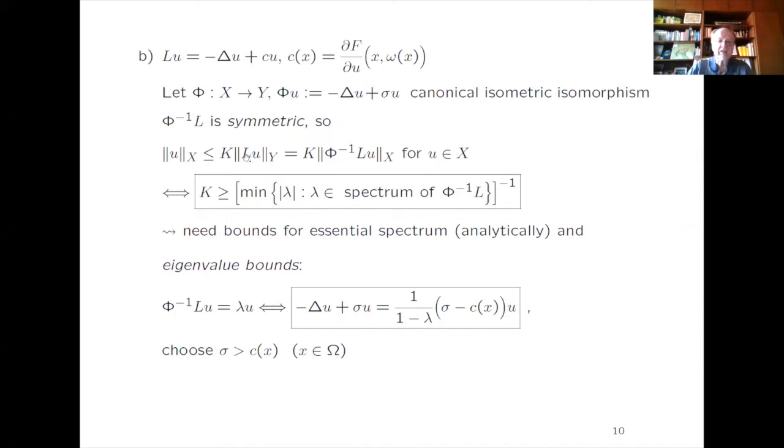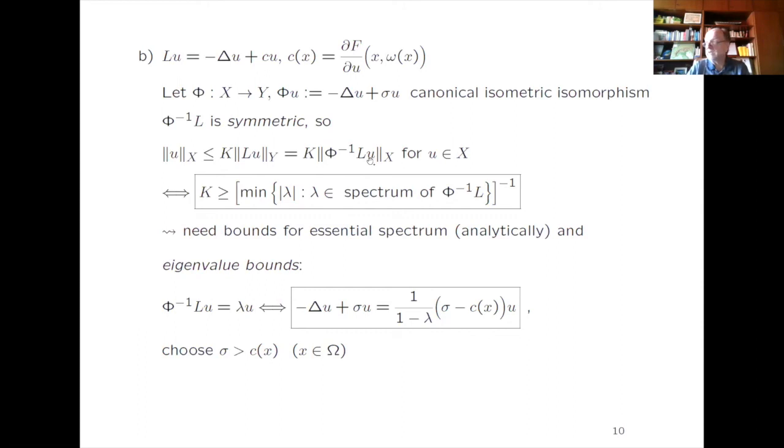Suppose now that L is not symmetric. Then this constant K can nevertheless be obtained by, roughly speaking, computing eigenvalue bounds for L star L. And the true answer is not L star L, but (phi inverse L) star, phi inverse L. So that's the operator we need to consider when phi inverse L is not symmetric.